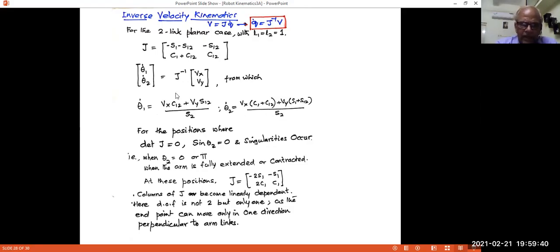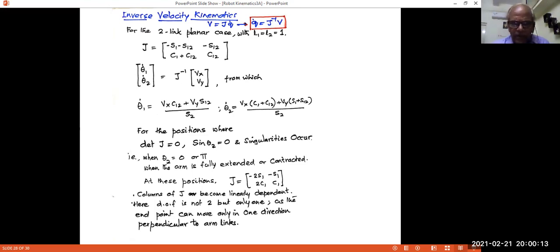You will find that when S2 is equal to 0, that is, sine theta 2 is 0, which is the case when theta 2 is equal to 0 or pi, you end up with infinity. That is the case of a singularity. Actually, that is a case of a fully retracted or fully extended arm. The degrees of freedom are then reduced to 1 from 2 in those cases. So that is what this demonstrates mathematically also.